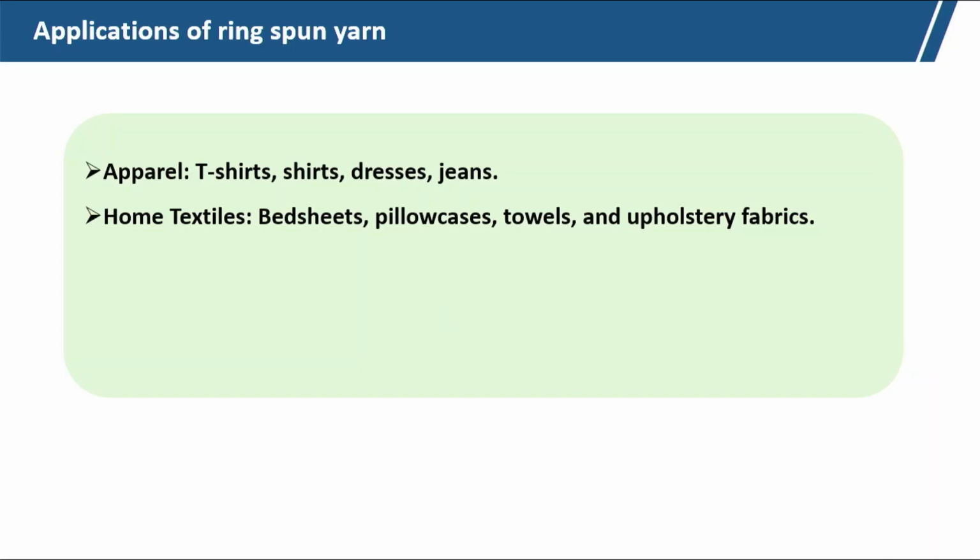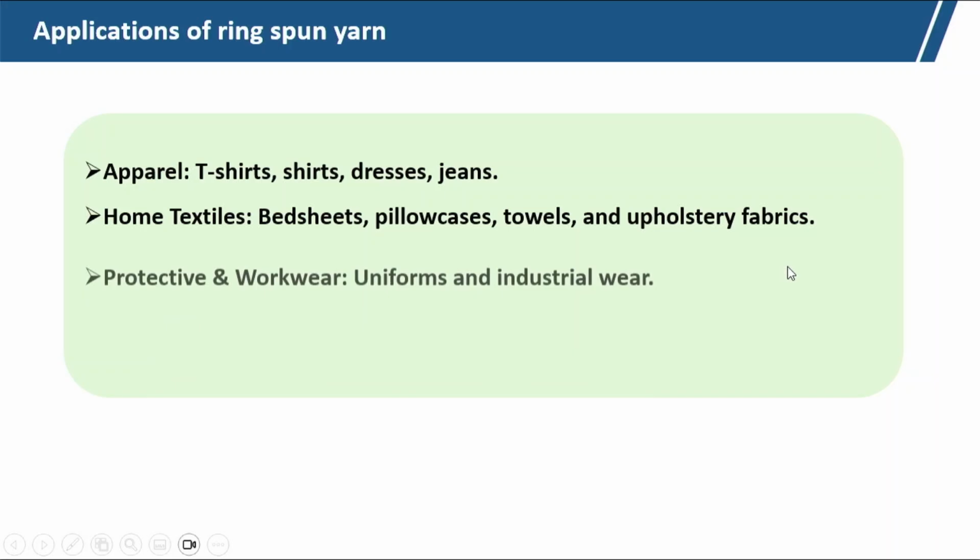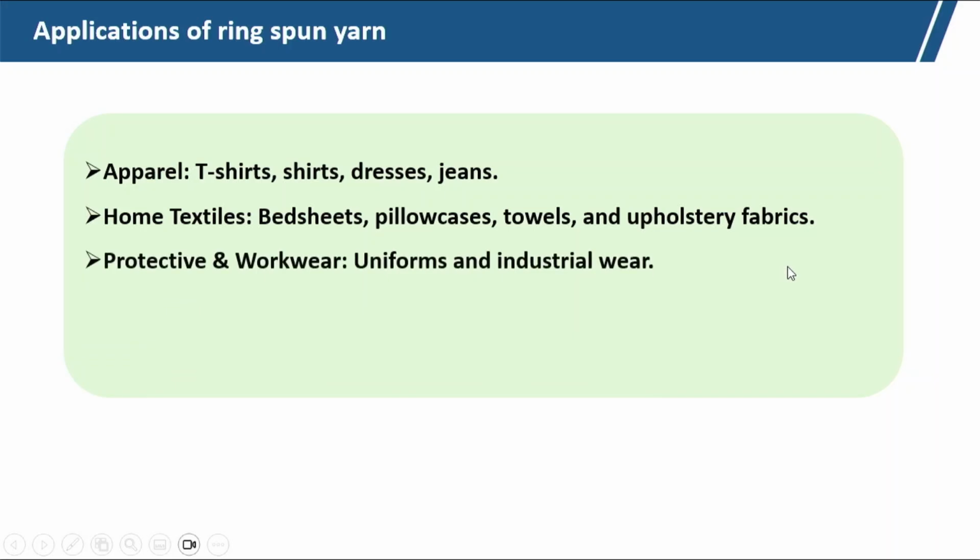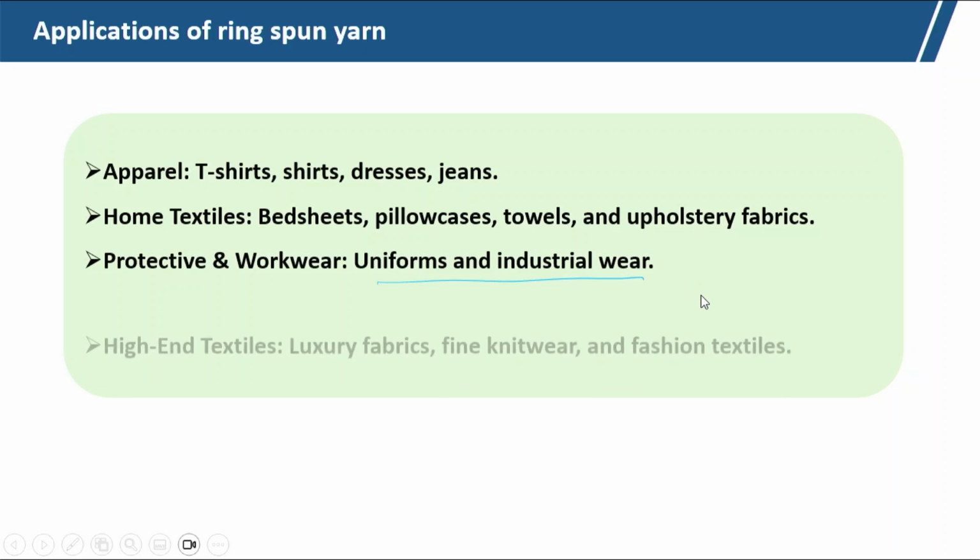In home textiles, like bed sheets, pillowcases, towels and upholstery fabrics, we use ring spinning. In protective workwear, uniforms and industrial wear, where we have to add comfort along with protection, ring spun yarn is useful.